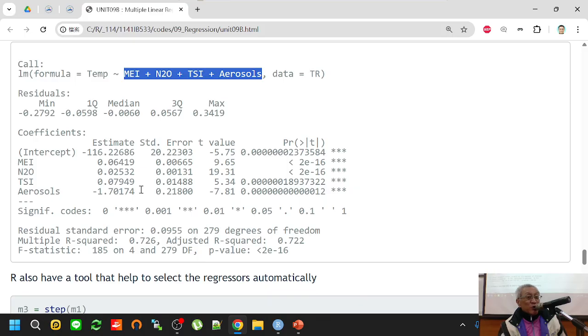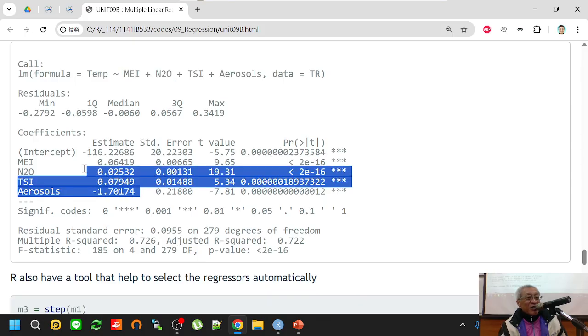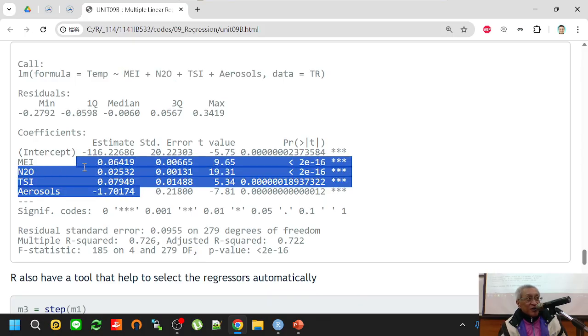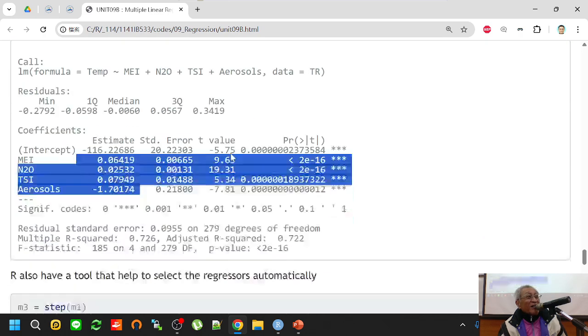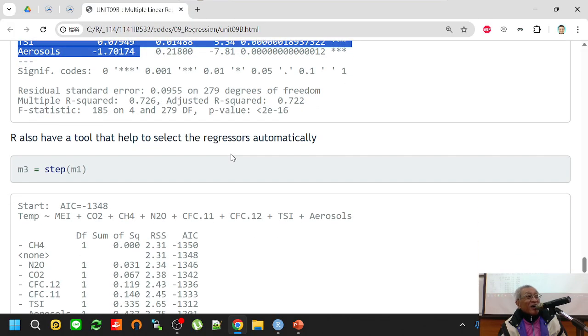So if you also care about the accuracy of this coefficient, then you can actually remove the highly correlated X from the model, right? That's one way to do that, okay?